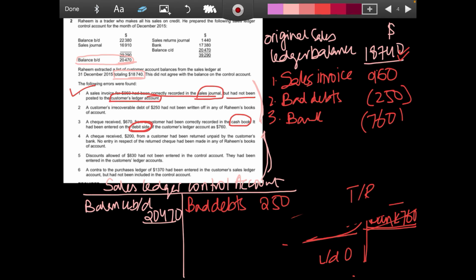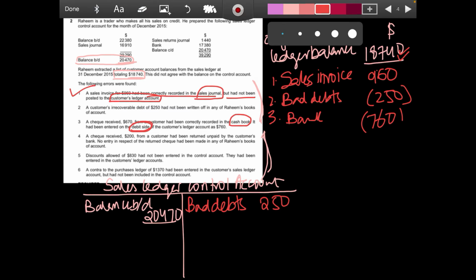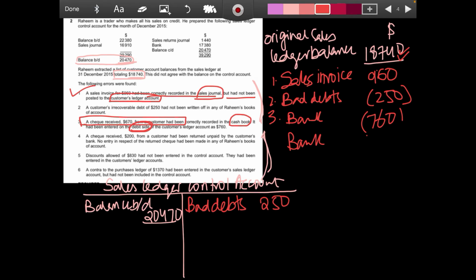Now moving on, we have to list the correct amount: a cheque received, 760, from a customer. We have to record this transaction. We received the payment, so the balance which our customers owe to us is now decreased, so we will subtract it from the original balance.